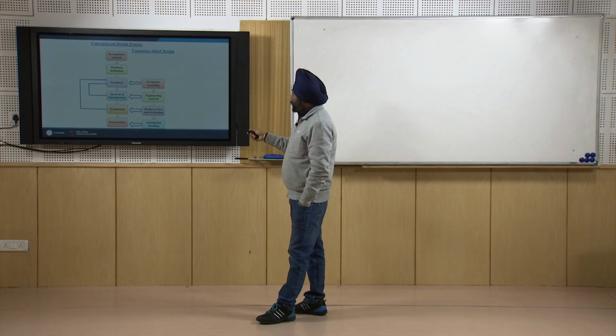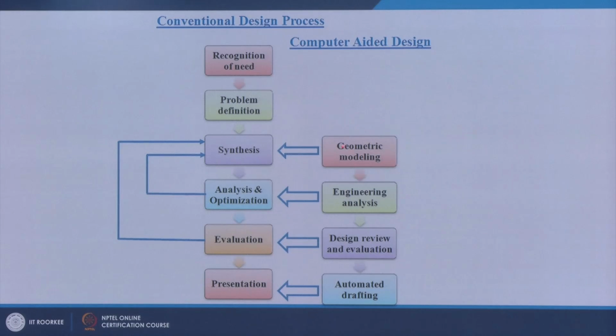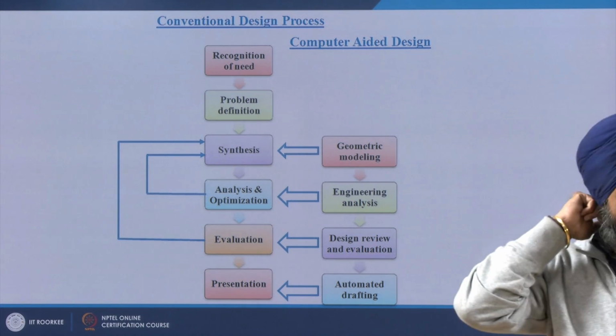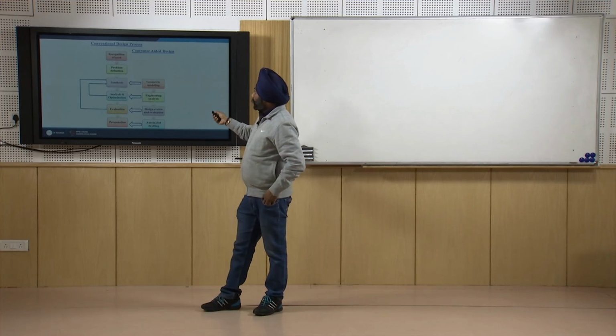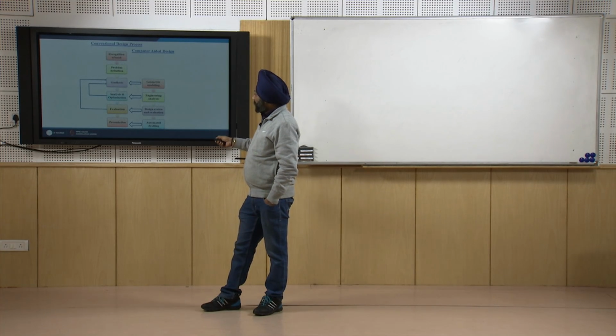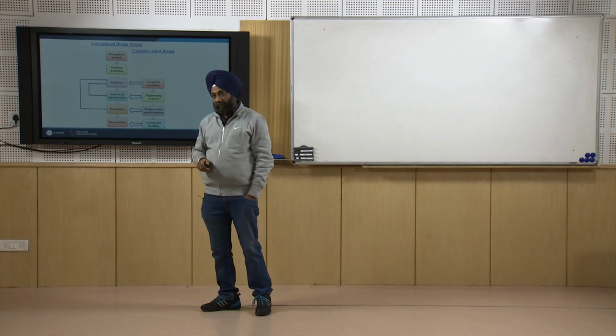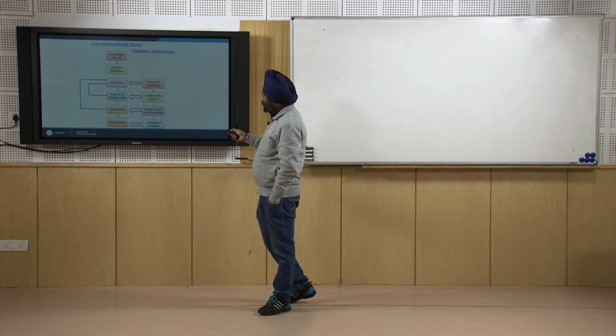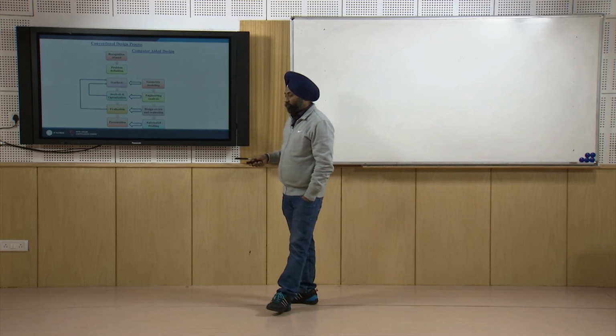Now in computer aided design, we have geometric modeling, engineering analysis, design review and evaluation, and automated drafting. So you can see the computer aided design process is slightly different from the conventional design process, and we will try to understand each one of these steps one by one.